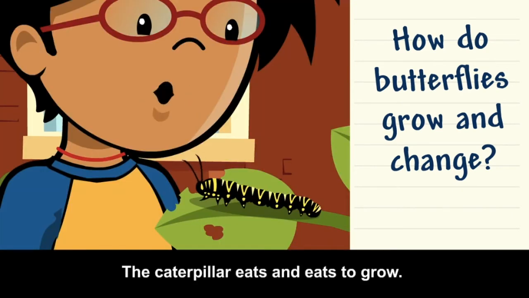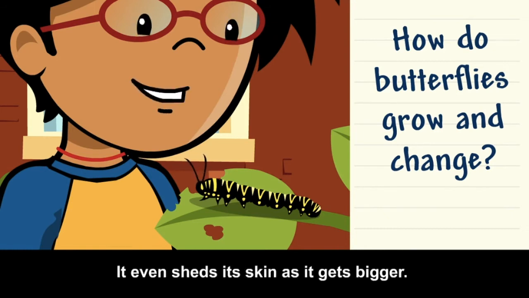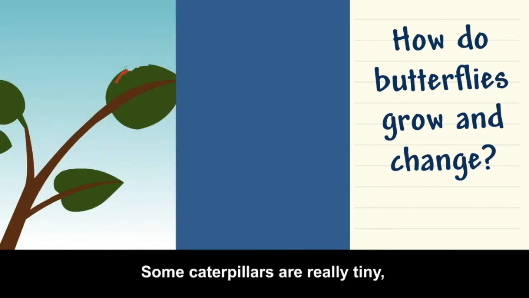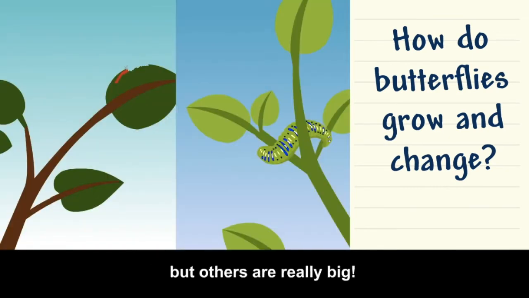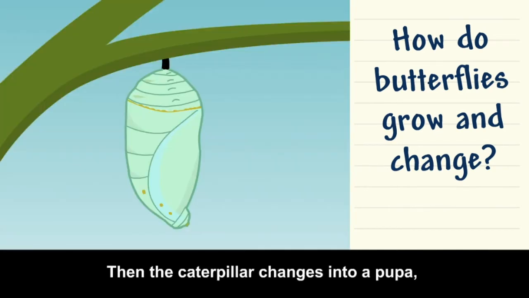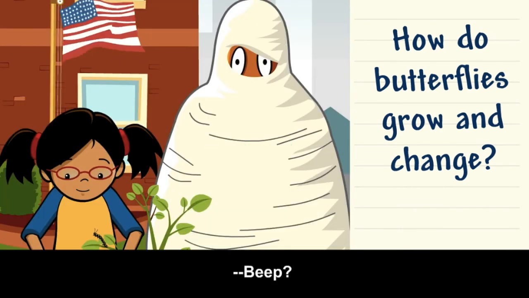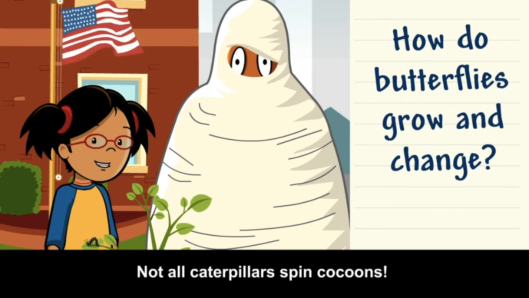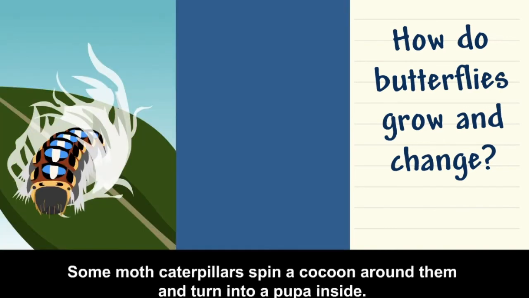The caterpillar eats and eats to grow. It even sheds its skin as it gets bigger. Some caterpillars are really tiny, but others are really big. Then the caterpillar changes into a pupa, which is also called a chrysalis. Not all caterpillars spin cocoons. Some moth caterpillars spin a cocoon around them and turn into a pupa inside.